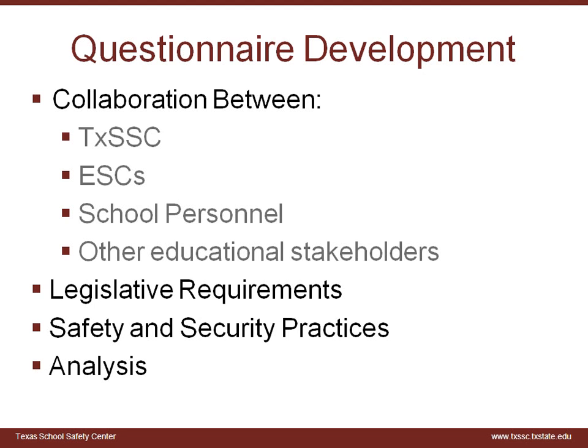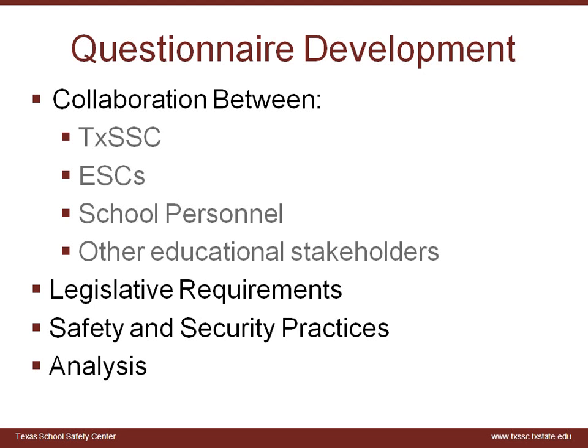So it was a collaboration of ESCs, school personnel, and other educational stakeholders that came together to determine what would be a meaningful way to collect this data to gather a statewide snapshot of school safety and security across the state of Texas, and where schools lie in the area of compliance with a lot of these initiatives.